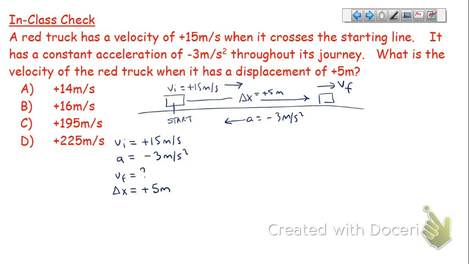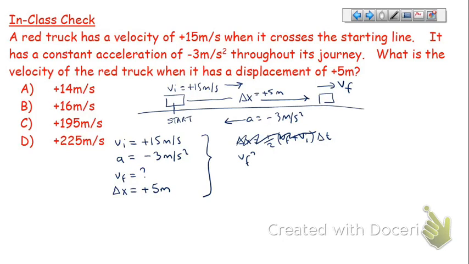So now I look at my equations and I go, oh yeah, delta x equals 1/2 (VF plus VI), that's the average velocity, times delta t. I'm using that equation this time. Is that right? I want my VF. I got my VI. No, that's not the right equation. Sorry. Let's have a look.